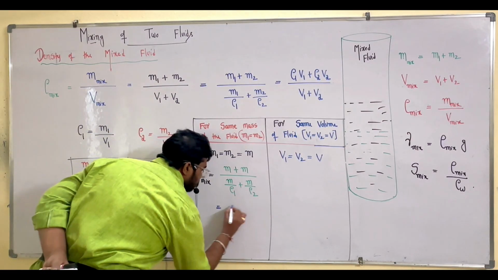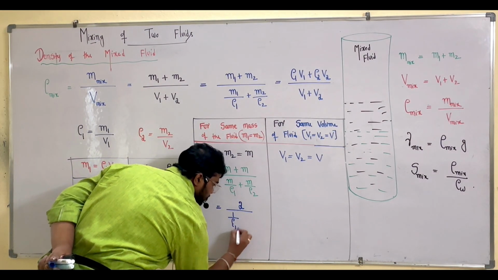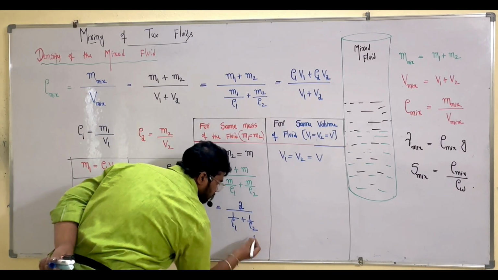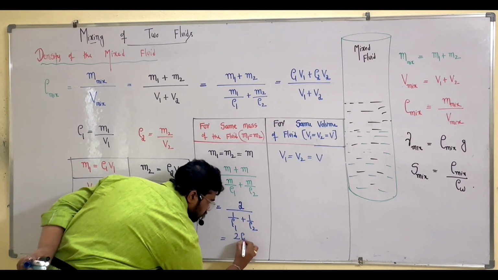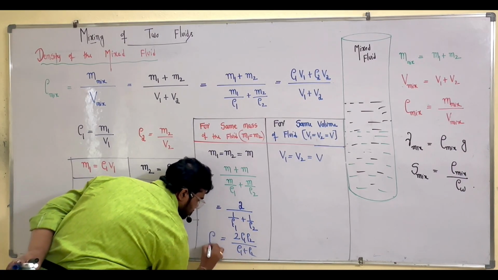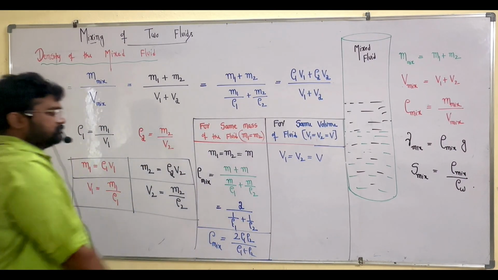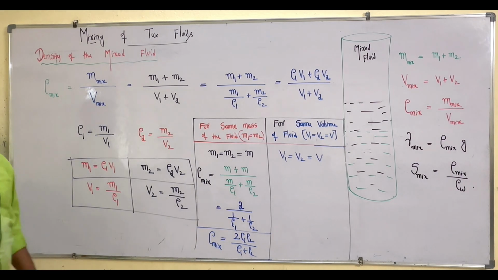Finally what you will get: 2 by 1 by rho 1 plus 1 by rho 2. So finally 2 rho 1 rho 2 by rho 1 plus rho 2, that is the rho mixture. Are you clear or not?